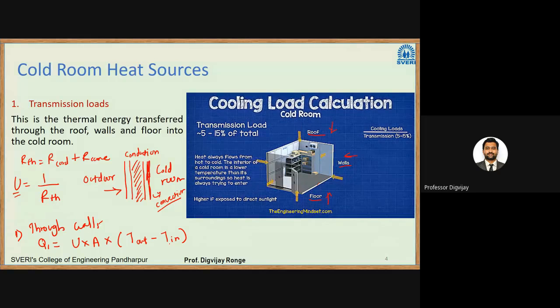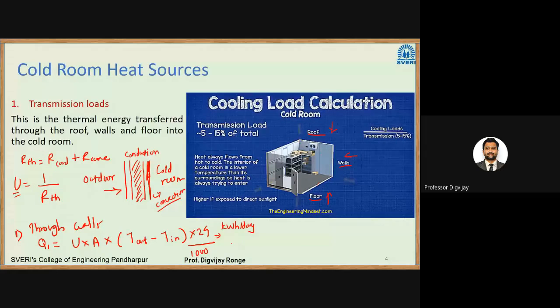If you want to calculate kilowatt hour per day, in that case you have to multiply by 24 hours and divide by 1000. So this will be in kilowatt, and this will give you the value in kilowatt hour per day.